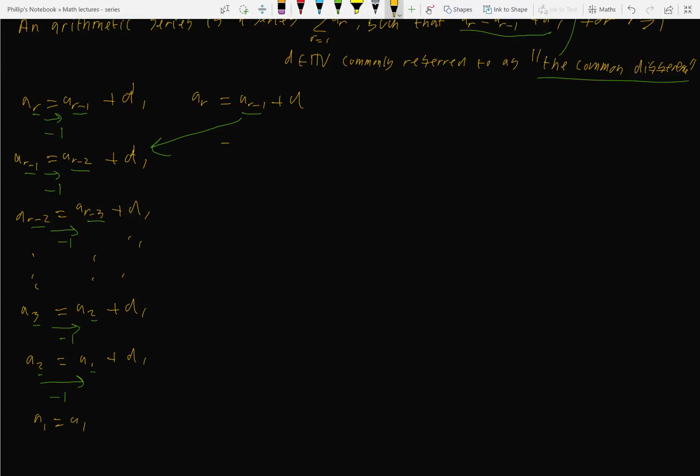So that's equal to a_(r-2) plus d plus d, and then that's going to be equal to a_(r-2) plus 2d. Also notice that whatever we're taking off is going to be the multiplier here. Whatever we take off is the multiplier.